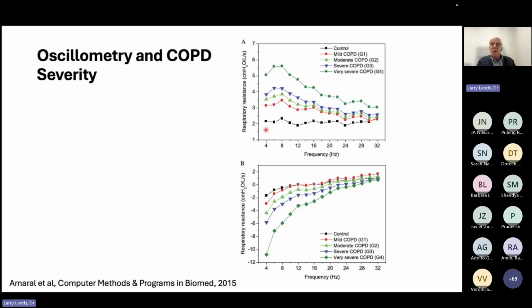You can see how, from health, where there's no frequency dependence of resistance, the resistance at low frequency becomes high, and the difference between 5 and 20 is quite large. Again, the reactance becomes much more negative. The resonant frequency is shifted over, and of course there is the area under the reactance curve.